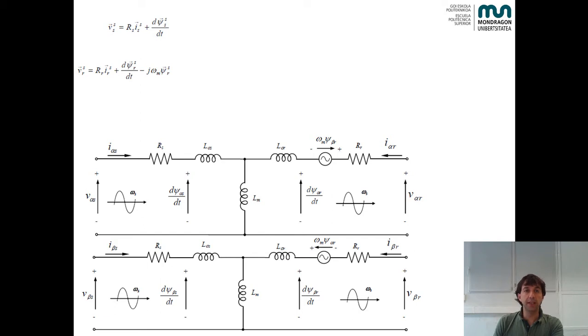You know that this can be modeled mathematically by a set of two equations, one for the stator and one for the rotor voltages.